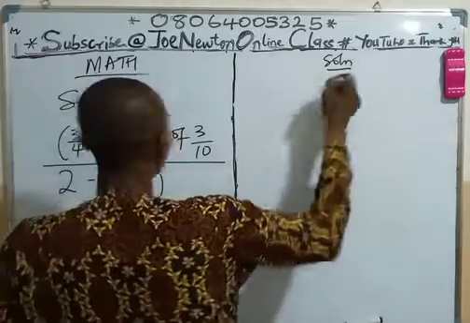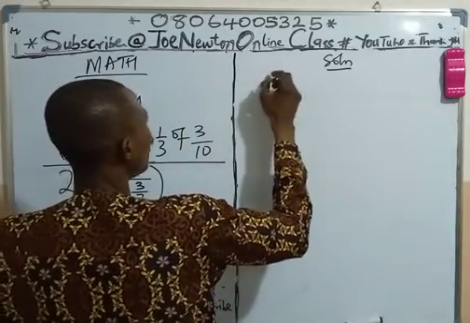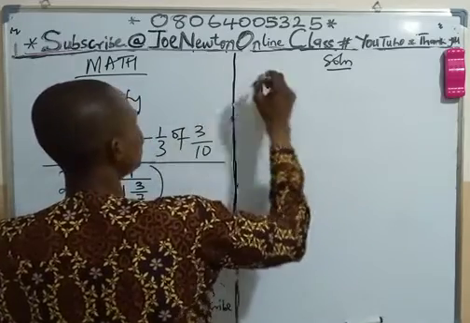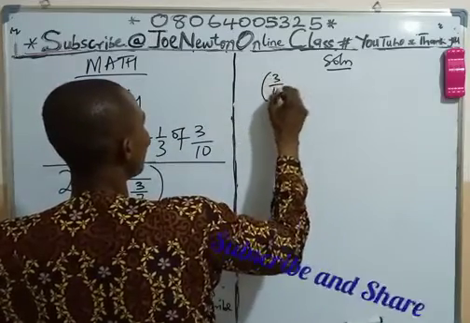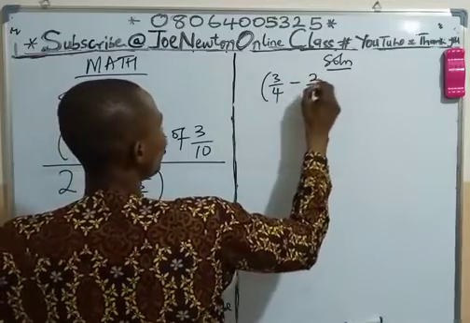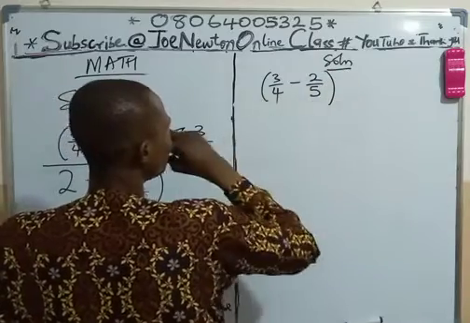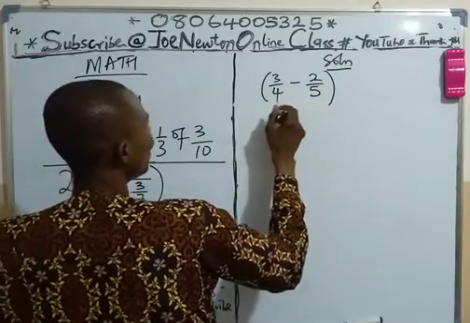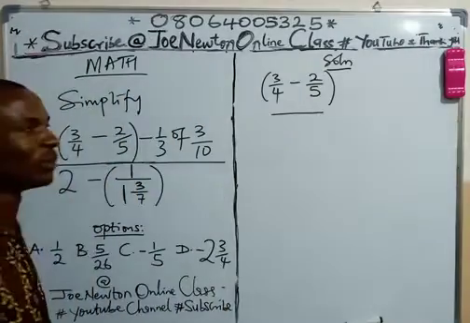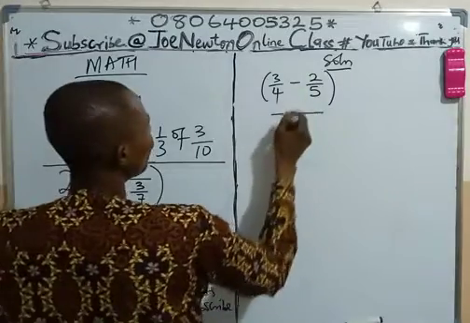Applying this bracket, we look at the numerator where we have bracket open, 3 over 4 minus 2 over 5, bracket closed. Then when we look at this, what is the LCM? I'm working with the numerator first.